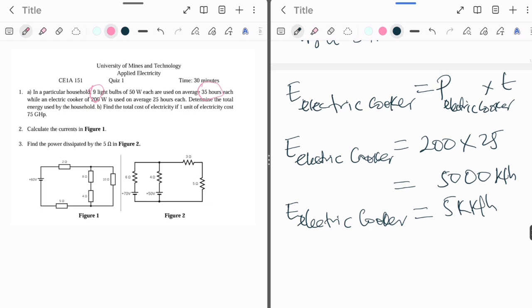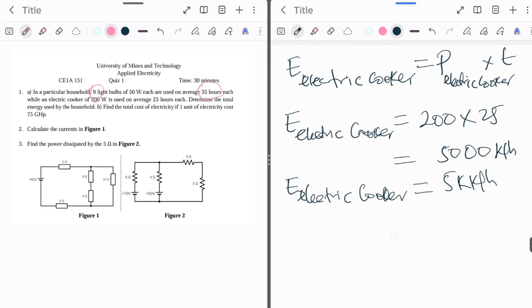So we've gotten both energies consumed by the light bulbs and the electric cooker. Now, if you look at question 1a again, you have to determine the total energy consumed by the household.